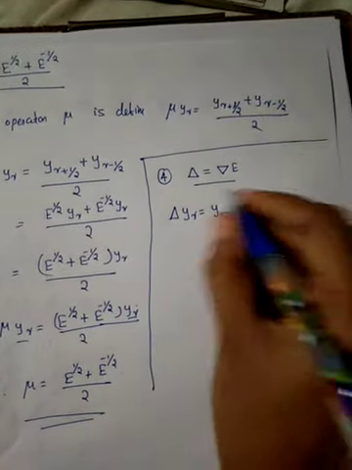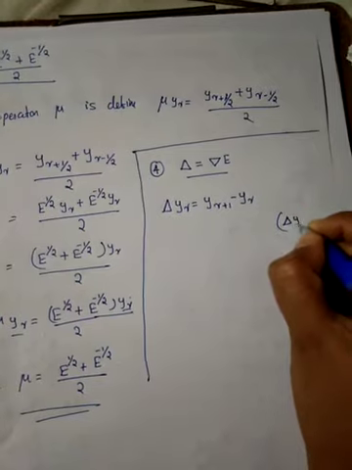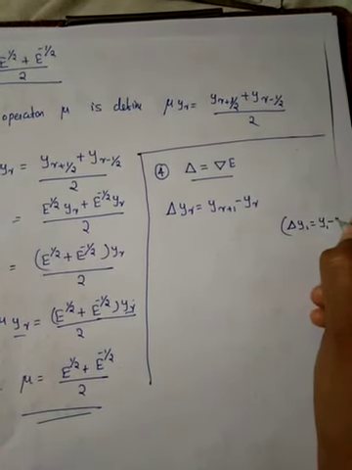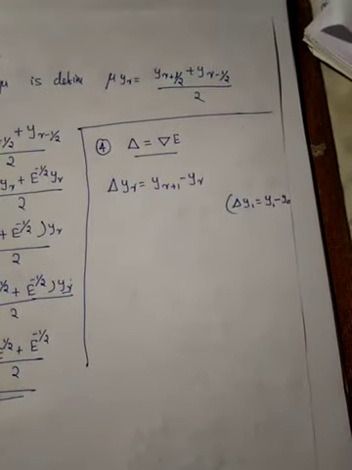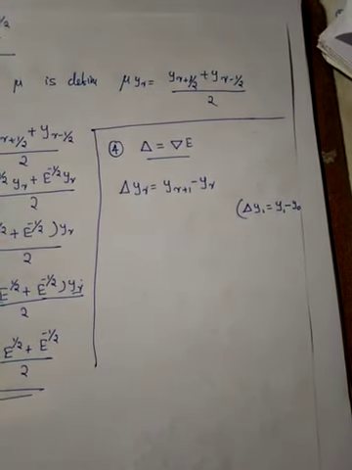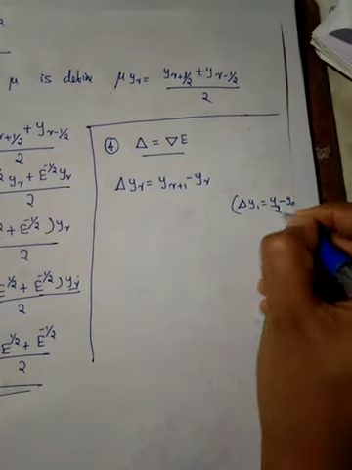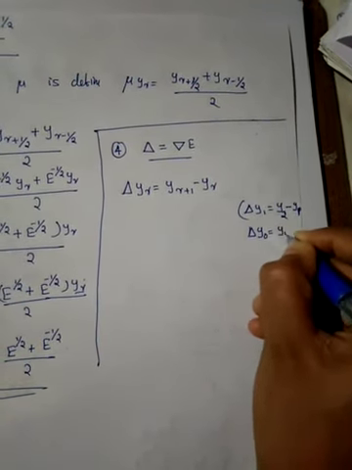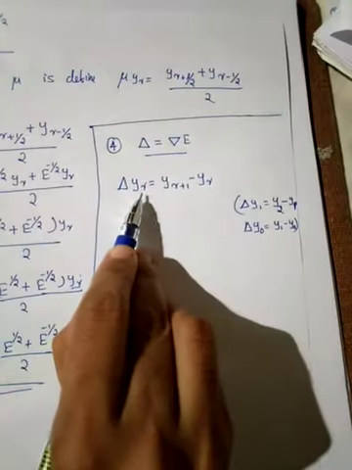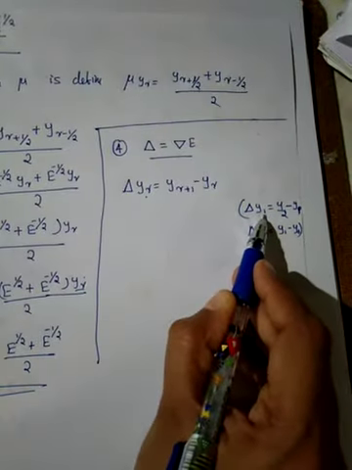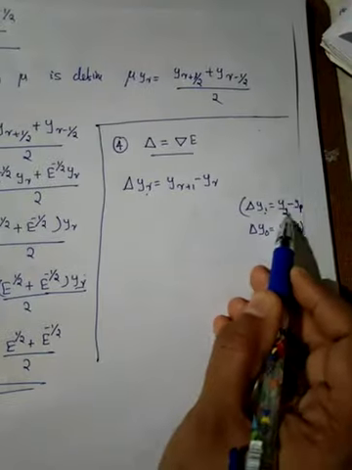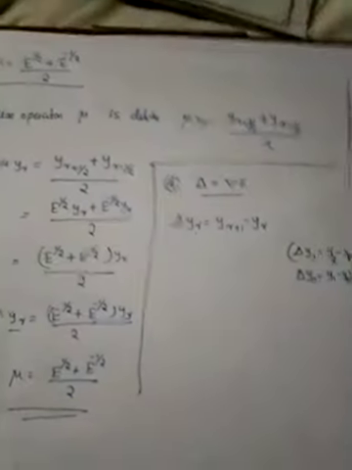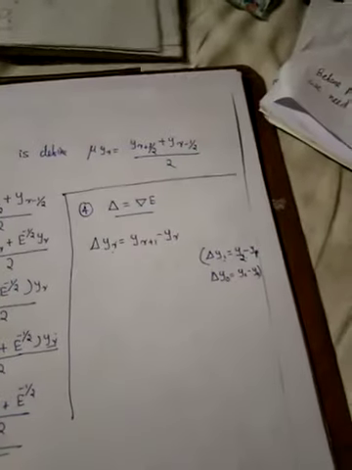That is in general form. That is, Δy1 equal to y2 minus y1, and Δy0 equal to y1 minus y0. Here r equal to 1, so yr+1 means y2 minus y1. In general, Δyr can be written as yr+1 minus yr.